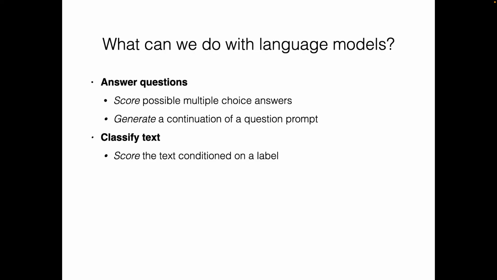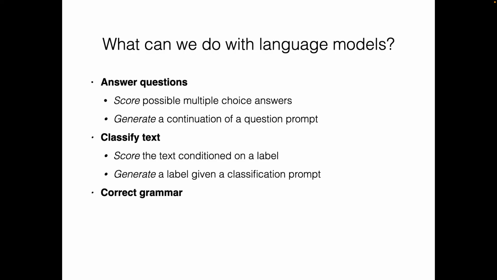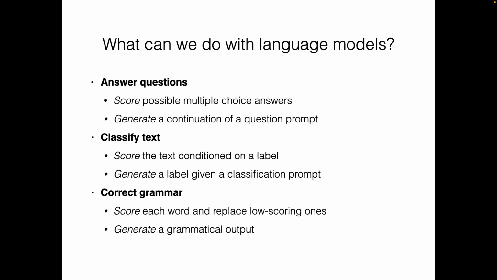So you could either score the different labels and then choose the highest scoring one. Or you could just give it some prompt which says, classify this movie review to be positive, negative, neutral, whatever. And then you can just generate a label. And then you could come up with a variety of tasks like correcting grammar or translation, and so on. And so we'll see some more throughout the course.